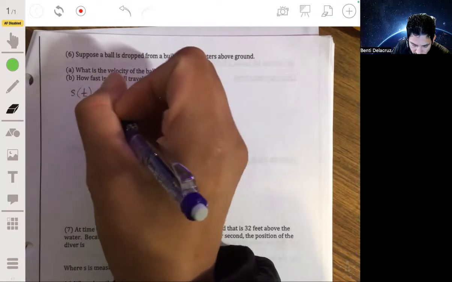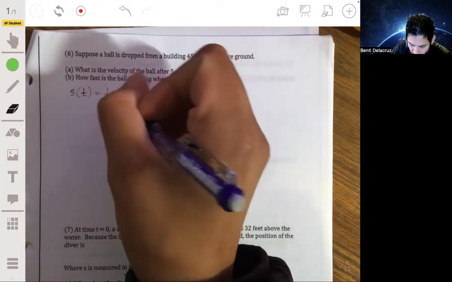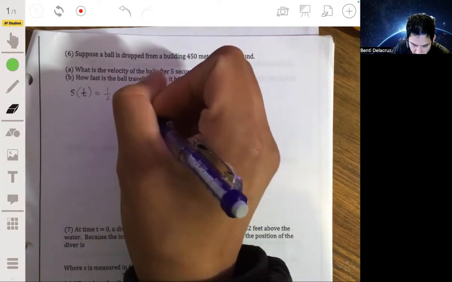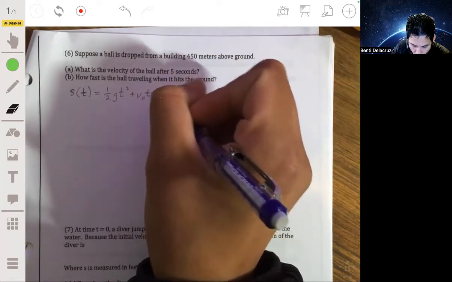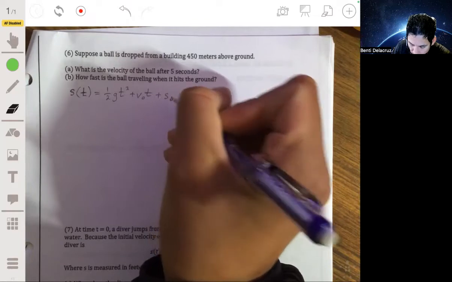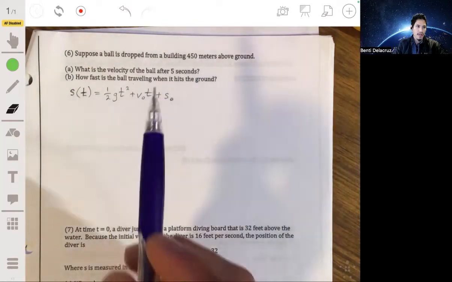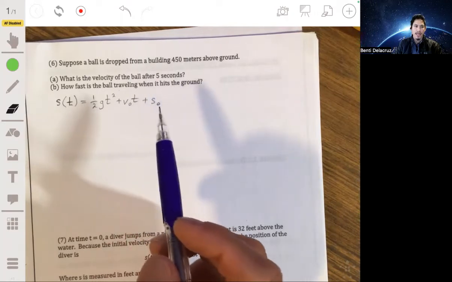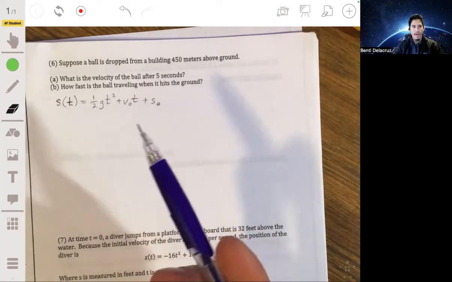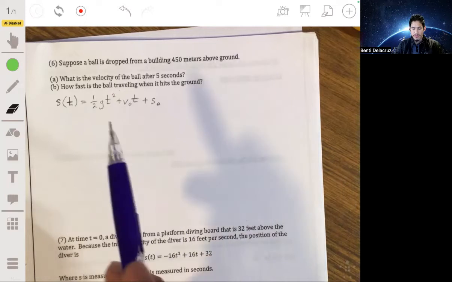We have s of t is defined as 1/2 g t squared plus v naught t plus s naught. This is a quadratic function, and it defines how projectiles fall on Earth, due to the force of gravity.